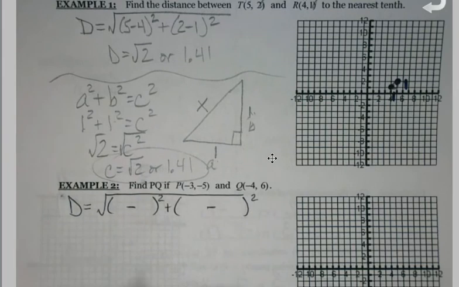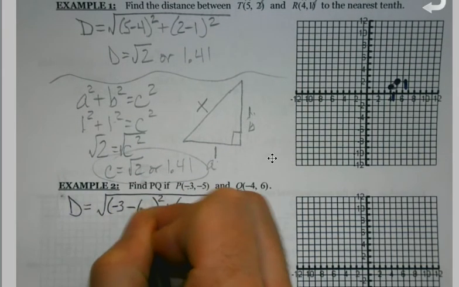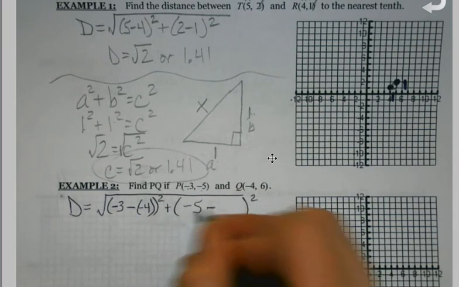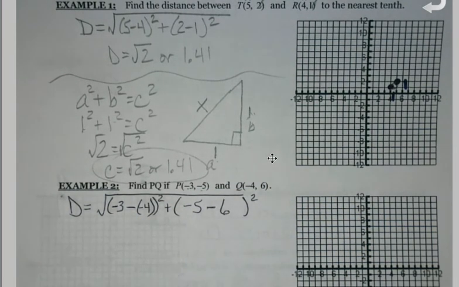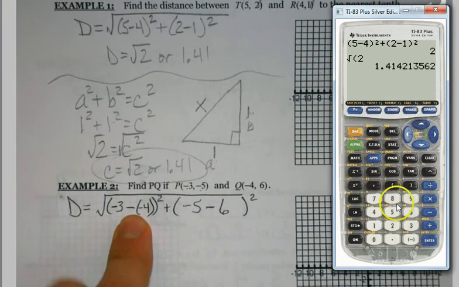So here, my x's are -3 and -4, and my y's are -5 and 6. So again, when I get ready to go to my calculator, I'm going to type in exactly what I see, minus the square root sign, of course. So -3 minus. Now, let's talk about this for a minute.